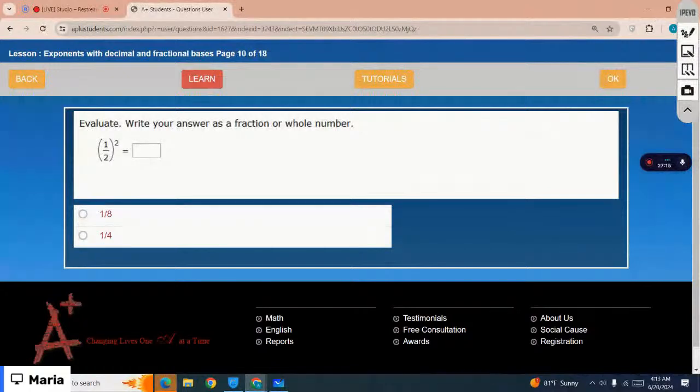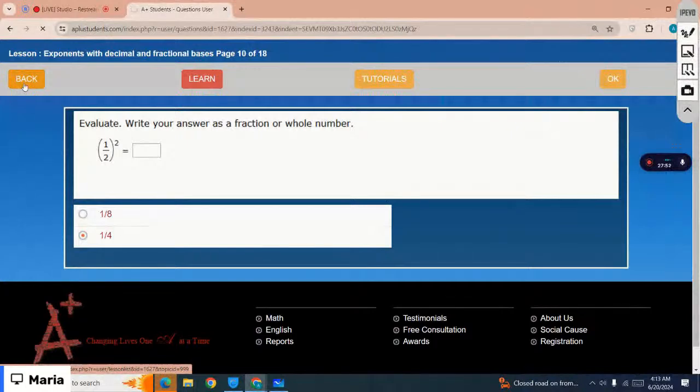Evaluate 1 by 2 square, which is the correct option? That is 1 over 4. Okay, you can complete the lesson by yourself later today.